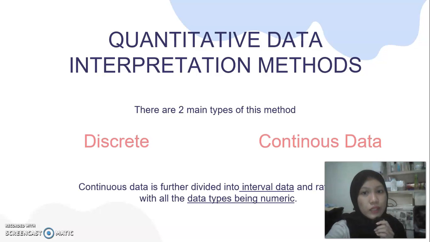And these are quantitative data interpretation methods. Quantitative data also has two main types. First is discrete and the second is continuous data. Continuous data is further divided into interval data and ratio data, with all the data types being numeric.